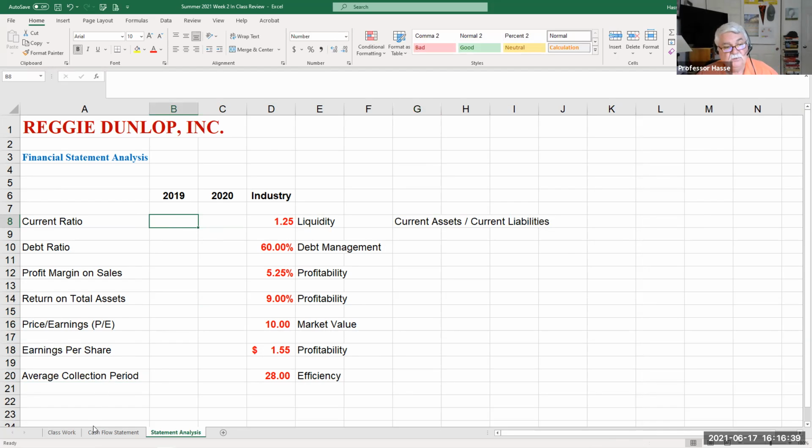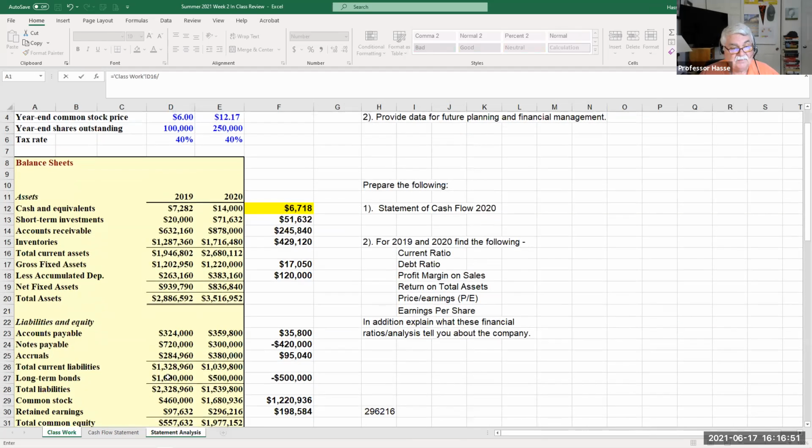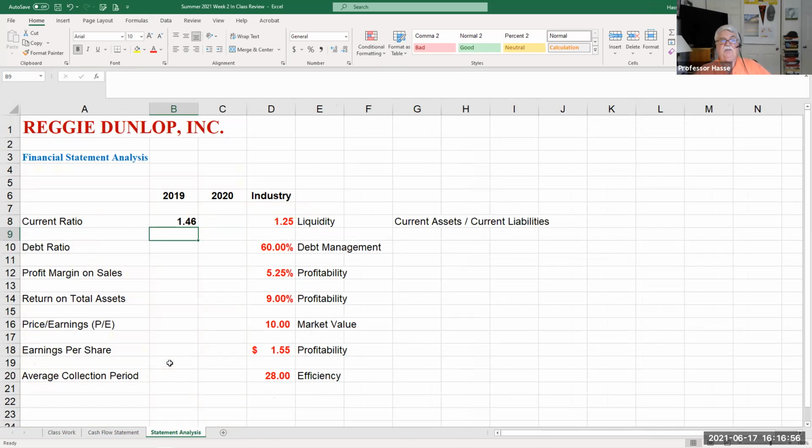All right, so if I go to 2019 to the balance sheet, current assets, there they are right there, divided by current liabilities, right there. And I get 1.46. Current assets divided by current liabilities. 1.46. In other words, there's 1.46 current assets compared to $1 of current liabilities.